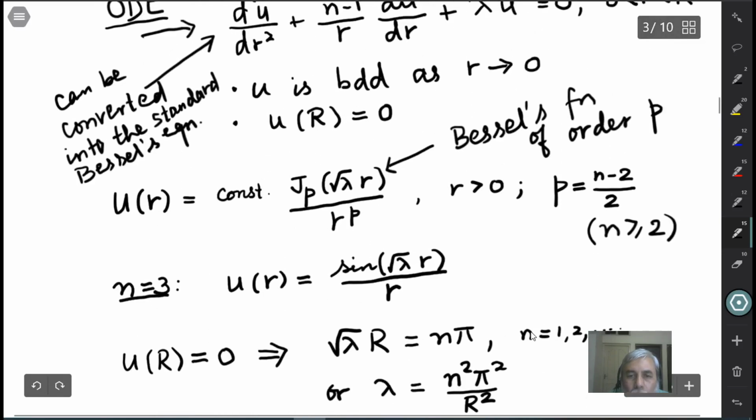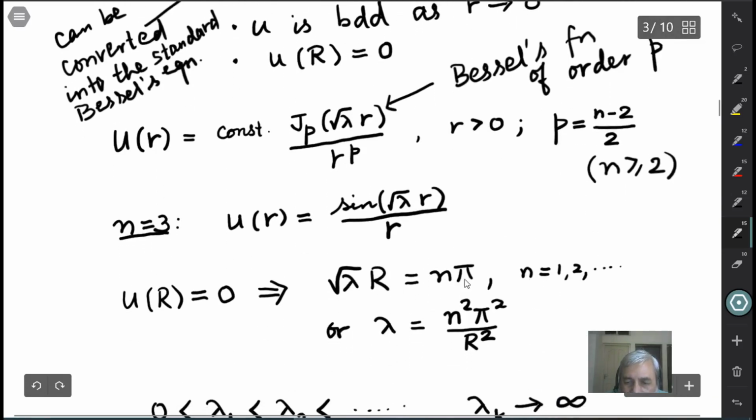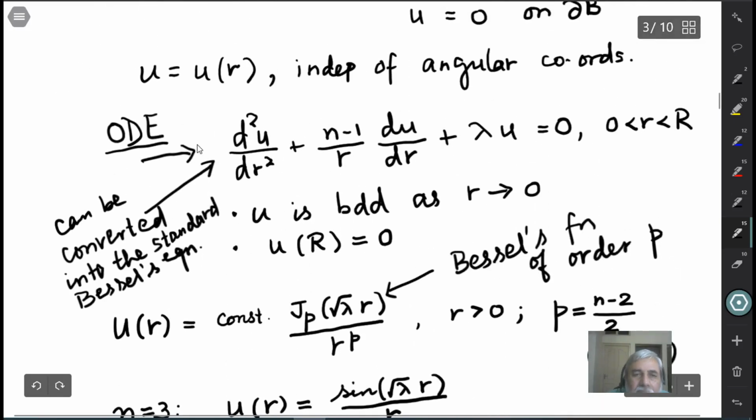Okay, so only for these specific values of lambda, at least in the class of radial functions, we are able to get that.